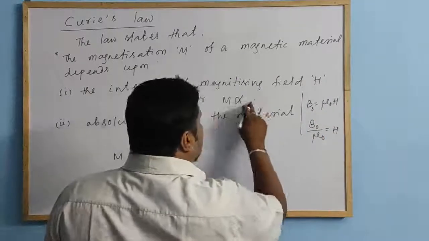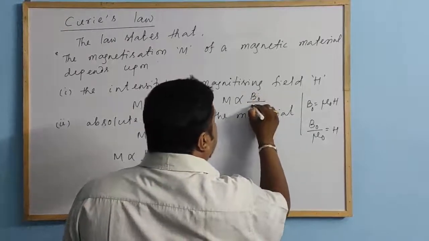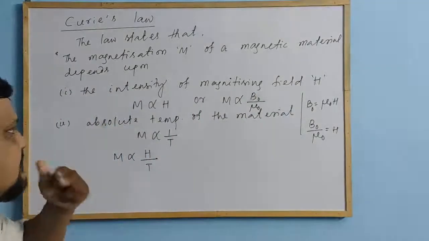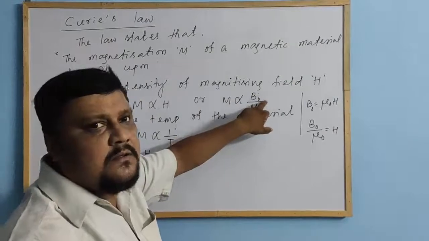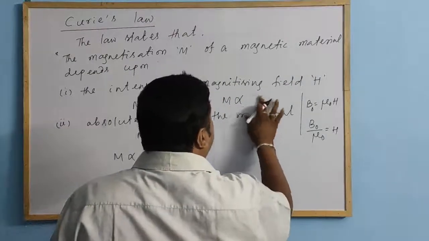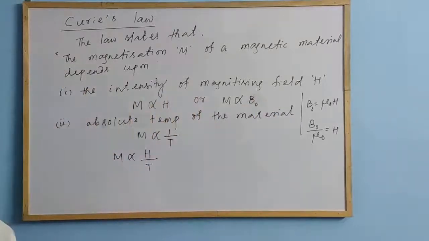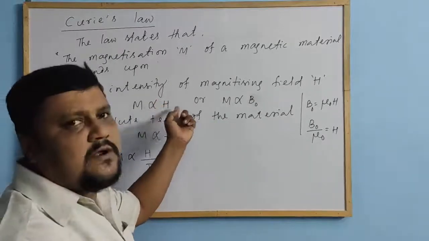So you can also write M is proportional to B naught by mu naught. This means M is also proportional to B naught. Clear?